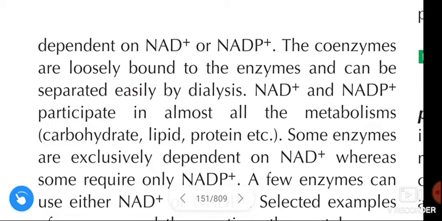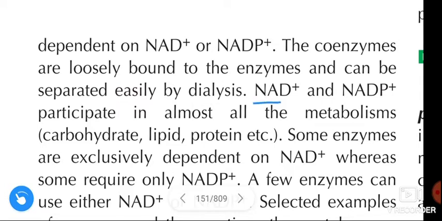The coenzymes are loosely bound to the enzymes and can be separated easily by dialysis.